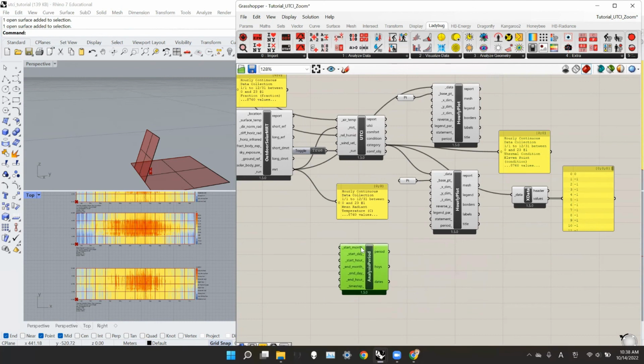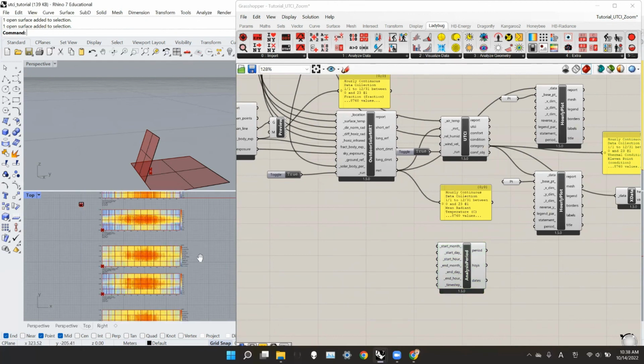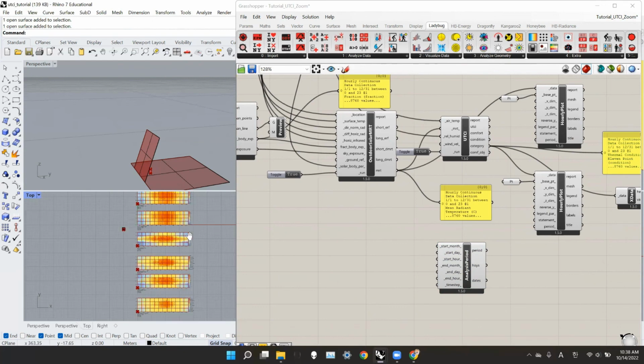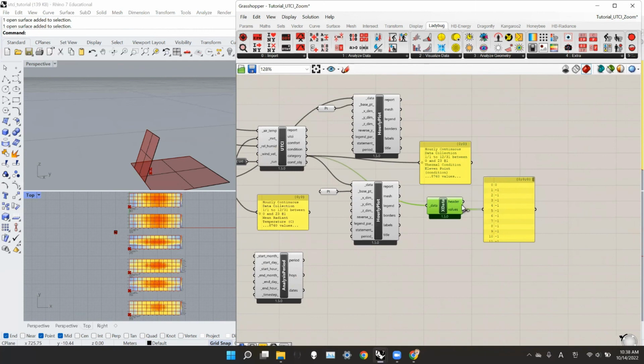You can put the month, June 1st, August 31st, and you can put the period. So actually you don't need to run the annual analysis, but I just wanted to show how you generate all the charts. And you can also count how many zeros you have. You will find your own way to calculate it.